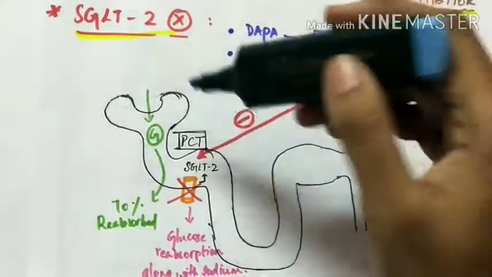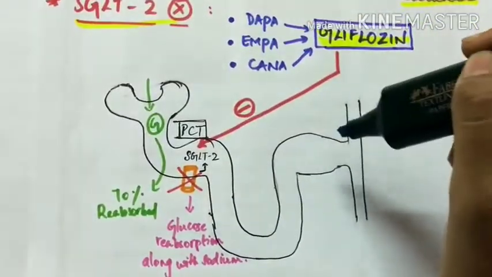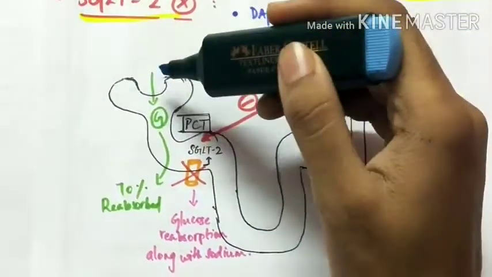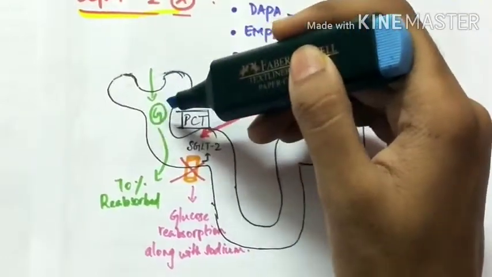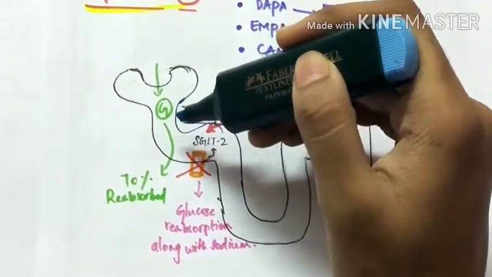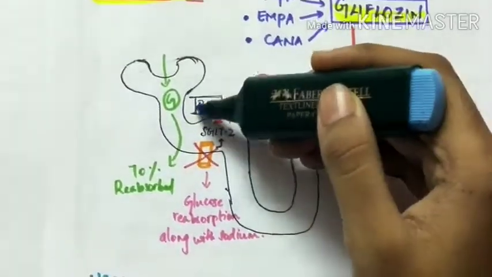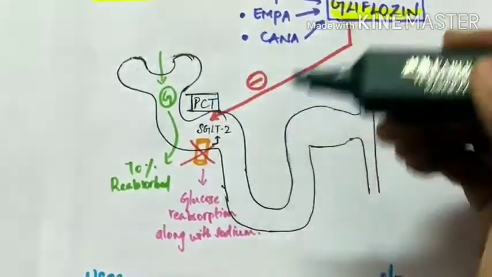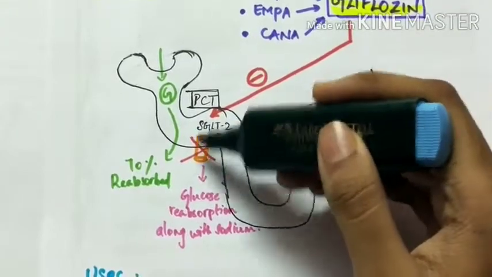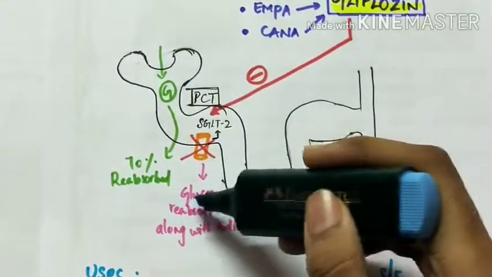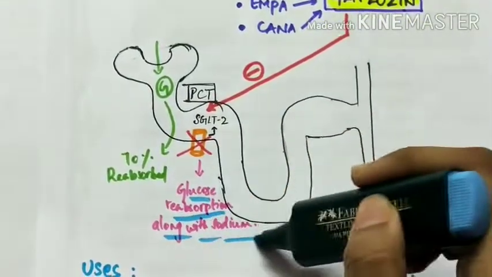This is the normal structure of a nephron. Normally, the glucose is filtered in the glomerulus, of which 70% is reabsorbed back in the proximal convoluted tubule with the help of SGLT2. So there is glucose reabsorption along with sodium.